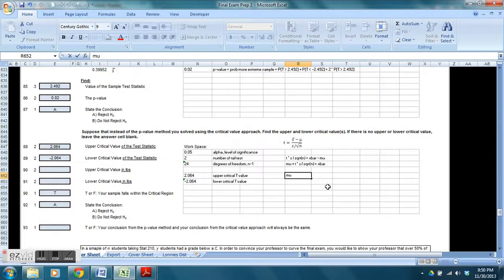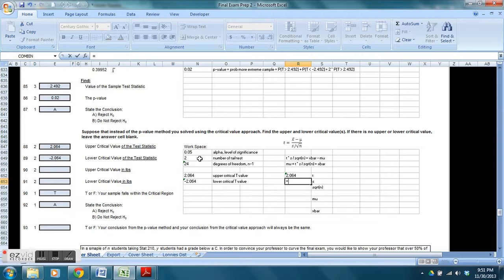We have an equation right here. We have t, s, the square root of n, and our mu, and then we can find our x bar. So this equation just converts a t to an x bar, and since this t is a critical value, if we put this t value in here, then we get an upper critical value in terms of x bar. Anyways, s is always the same. Where is s?